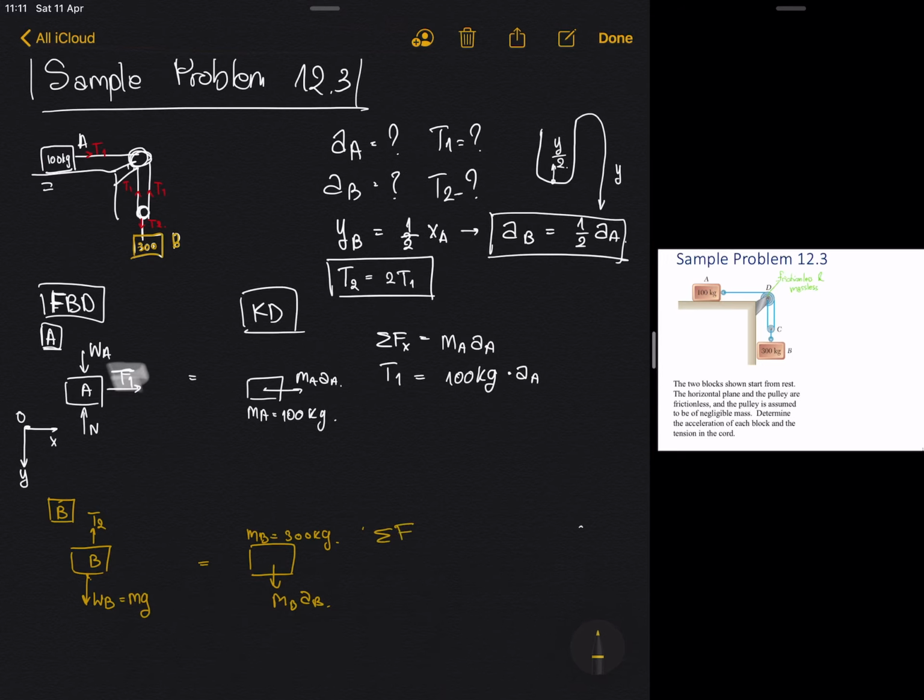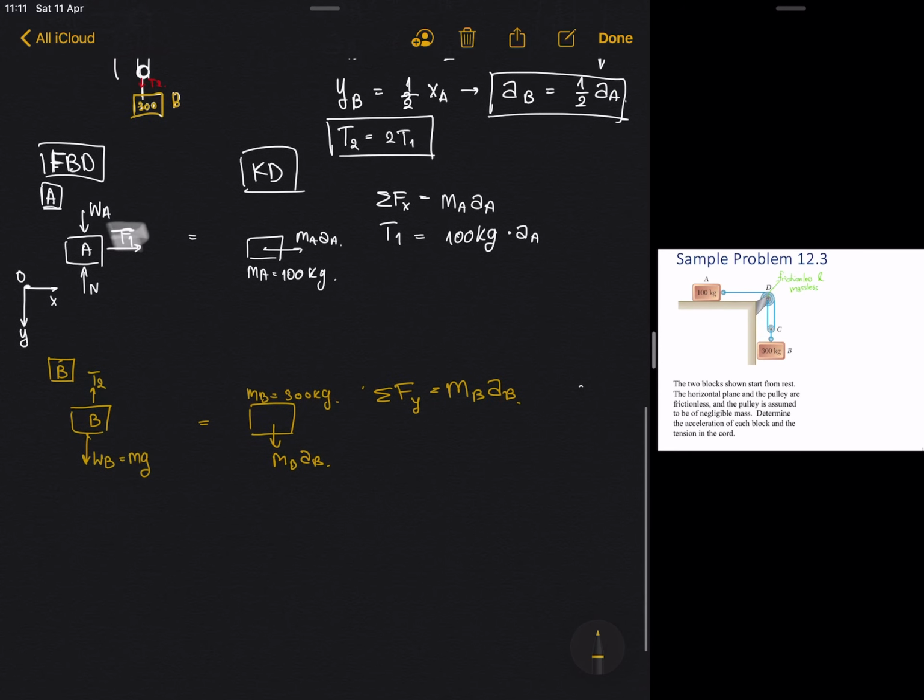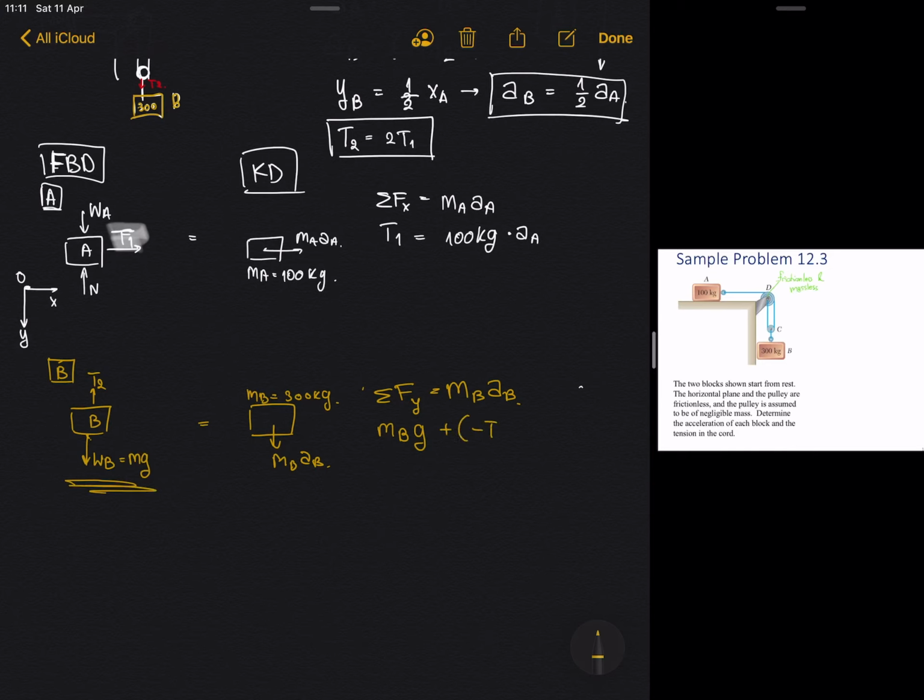The next we have sigma Fy equal to mB AB. In this case, we have mBg, because you can see on this diagram, plus negative T2 equal to mB AB.